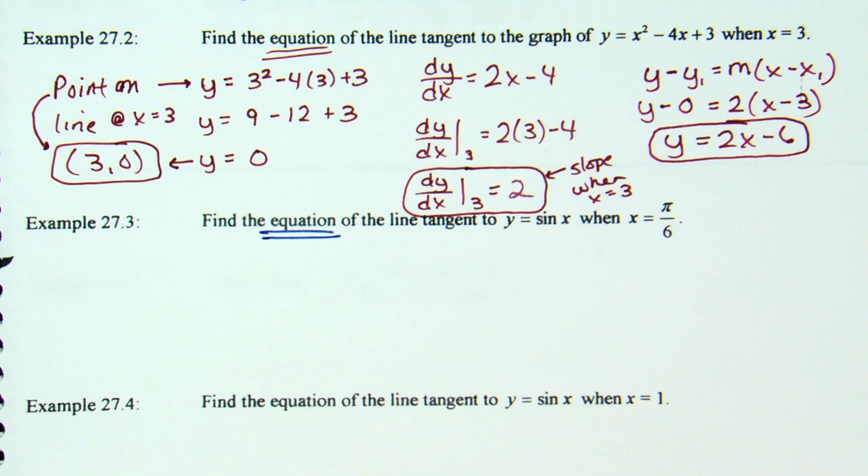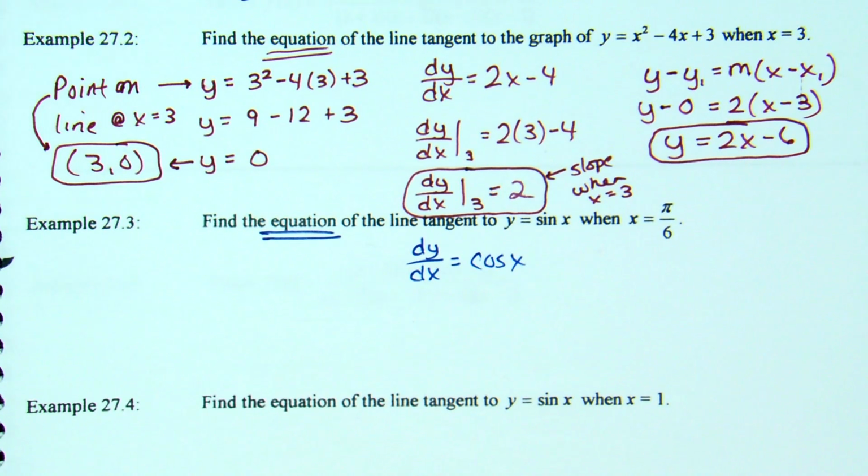So in order to find the slope, I need to find the derivative, dy over dx. What is the derivative of sine x? Cosine x. We learned that yesterday, right? So if the derivative of sine x is cosine x, then what do I do?